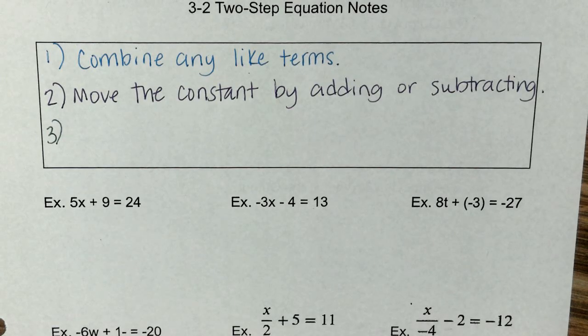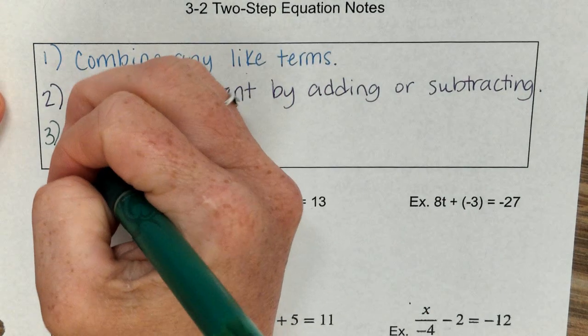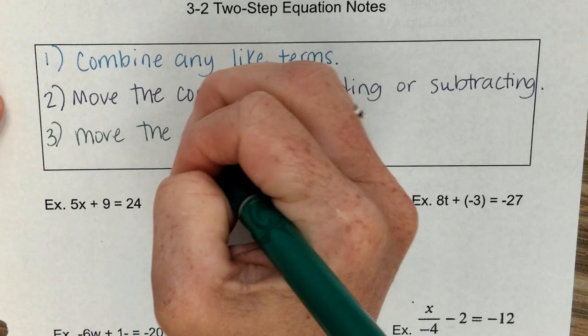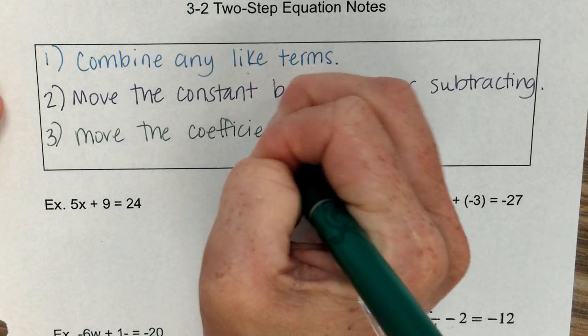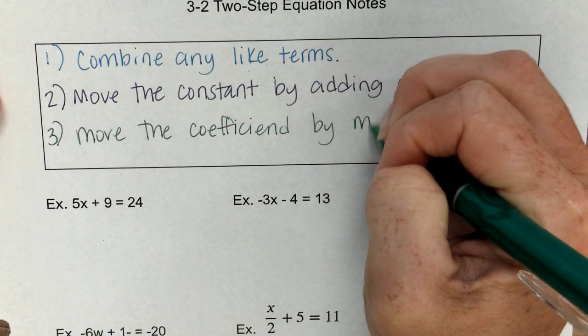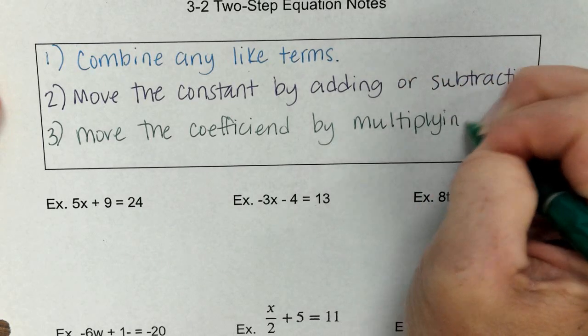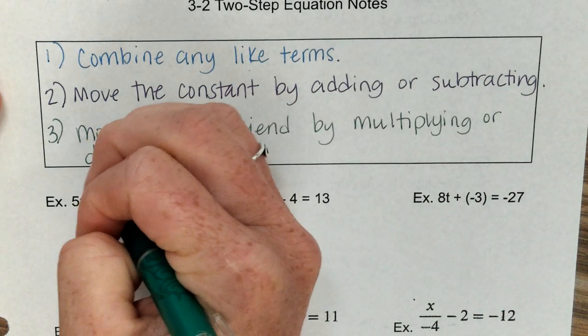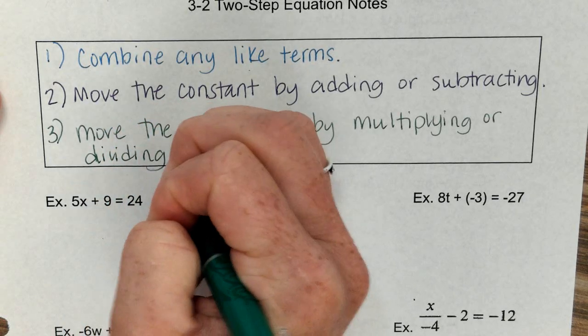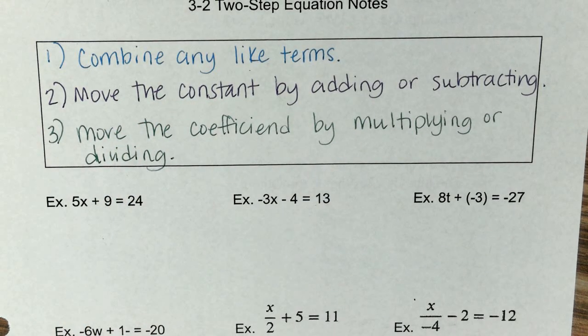What's a coefficient? A number stuck to the variable, yes? You're going to move the coefficient by multiplying or dividing. So if you will follow these 3 steps today, then you'll always know what you need to do.